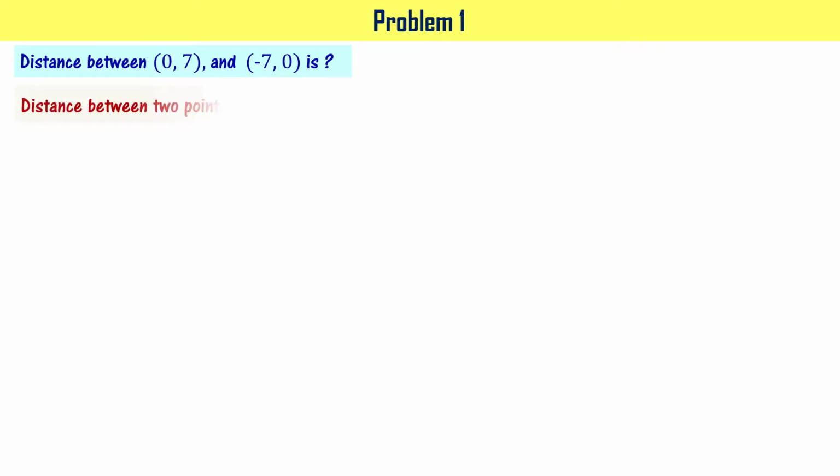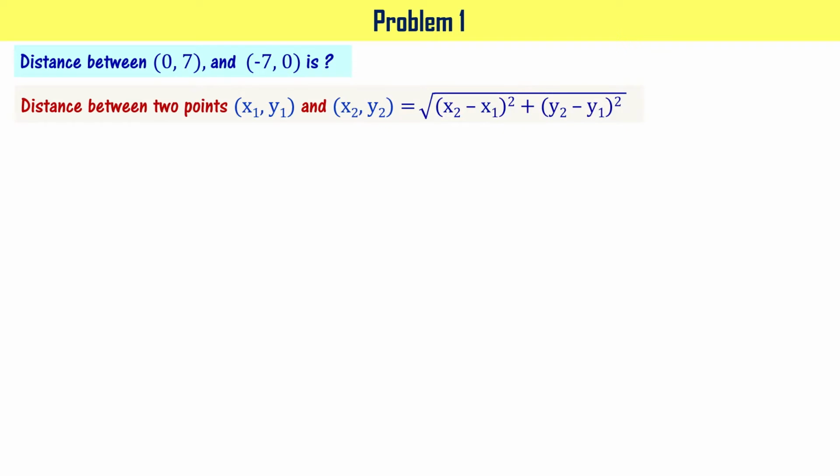Problem number 1. Distance between 0, 7 and minus 7, 0 is what? We are given 2 points 0, 7 and minus 7, 0, and we are asked to find the distance between these 2 points. We know that the distance between 2 points x1, y1 and x2, y2 can be written as square root of x2 minus x1 whole square plus y2 minus y1 whole square.